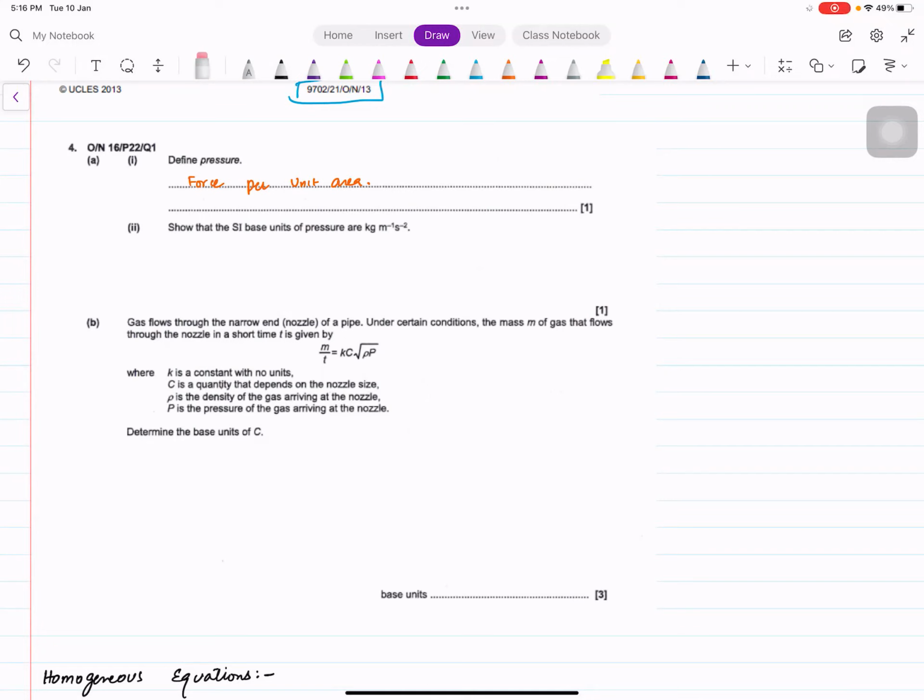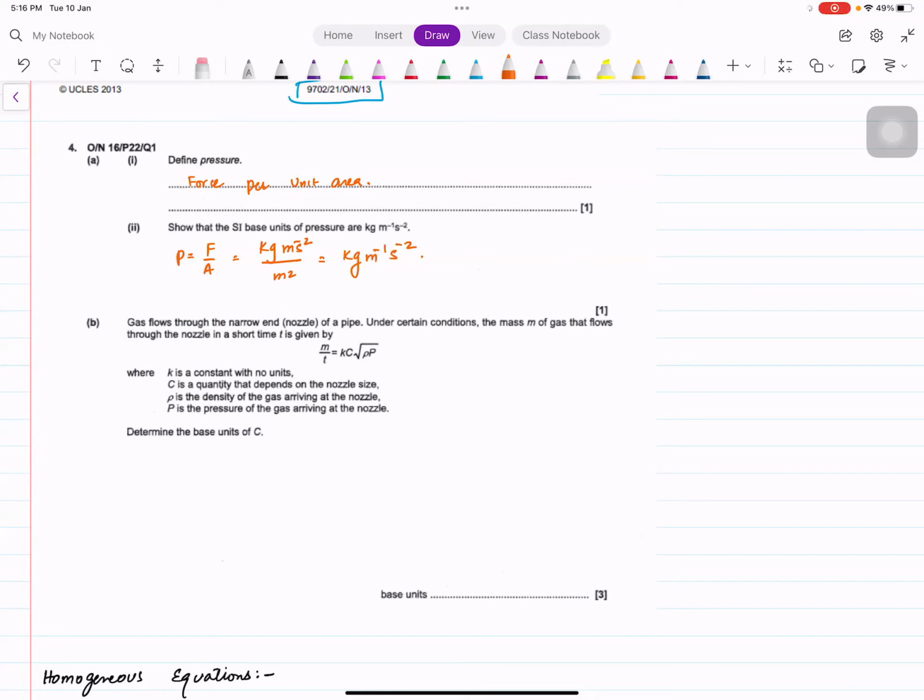Pressure is force over area. Force units are kg meter second^-2, divided by meter squared. So meter and square will cancel out, so it will leave us with meter^-1 second^-2. So that's how it's shown.